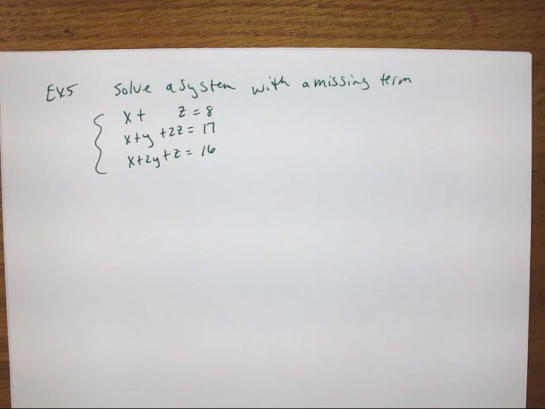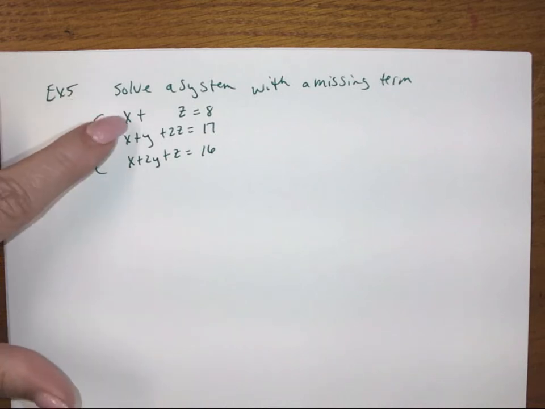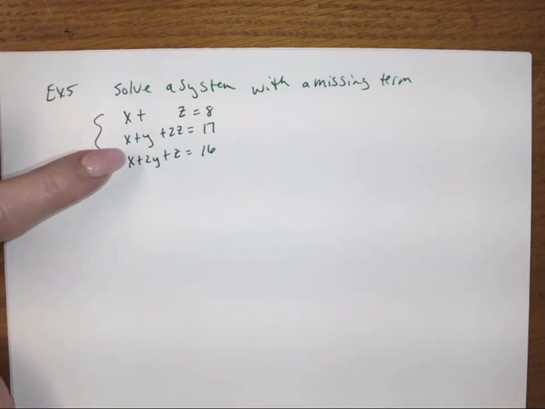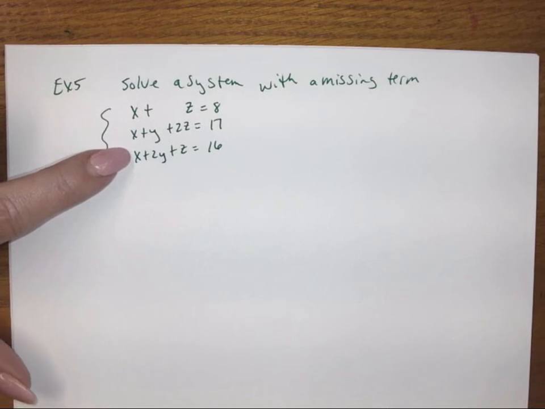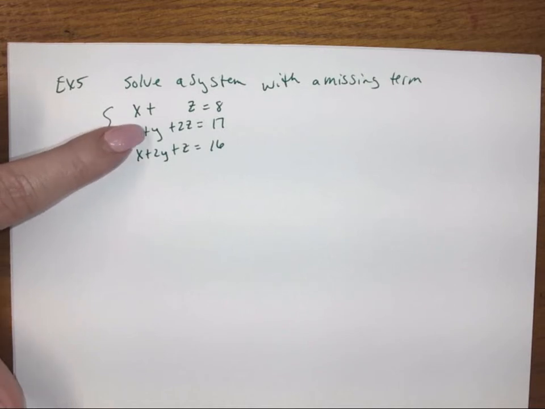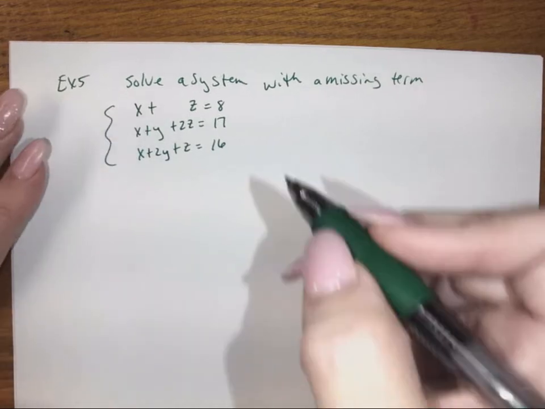So we've been given a little bit of a gift in the fact that we already are missing a y term. So we need to cancel out a y out of another equation, and then we can use this equation with the other one. So I'm going to use equation 2 and 3, and I need to cancel out y. So I could leave this one and multiply this one by -2, because then I would get -2y.